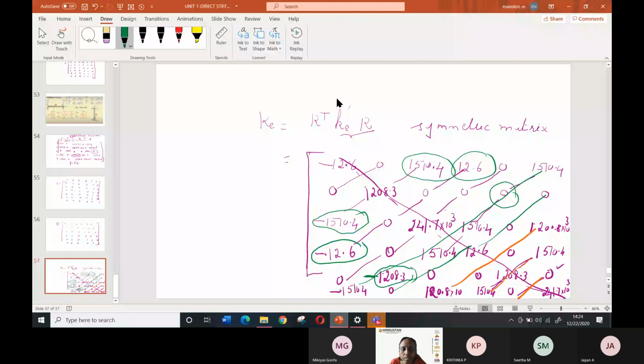That can be for 10 marks, because it will take more time. It is very difficult to complete it, so you have to be very fast. I'll give you the member number. For example, this is a portal frame. I will ask you to find out the stiffness matrix for member number 1 in the global direction. That may be the question.